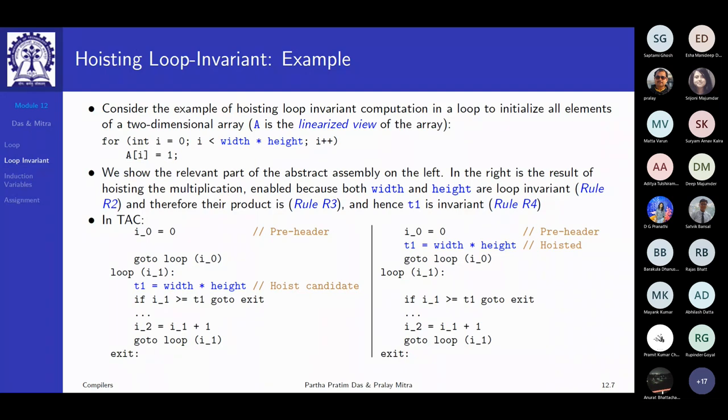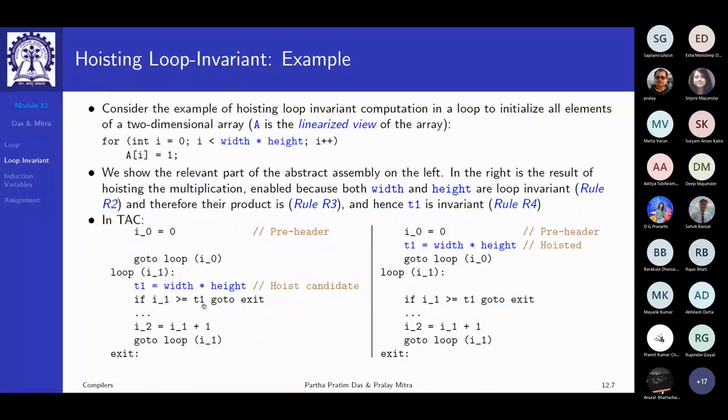So just in terms of the 3-address translation that we have seen, if we just flip this condition to make the control flow simple, so if I is greater than or equal to T1, then you have already completed the task, so you exit.